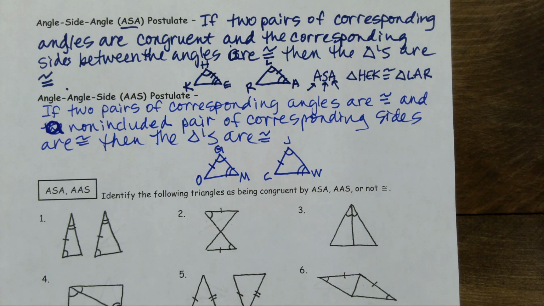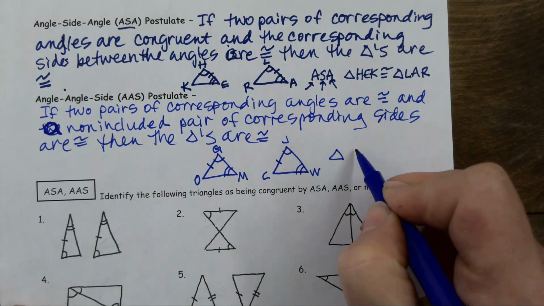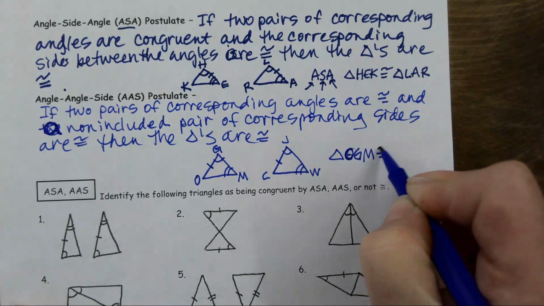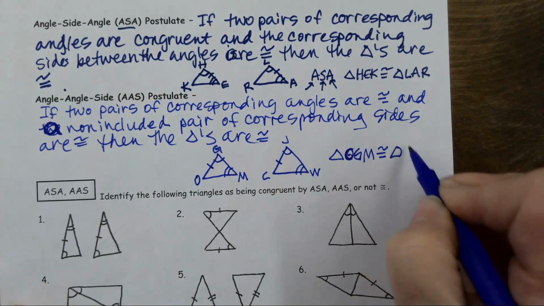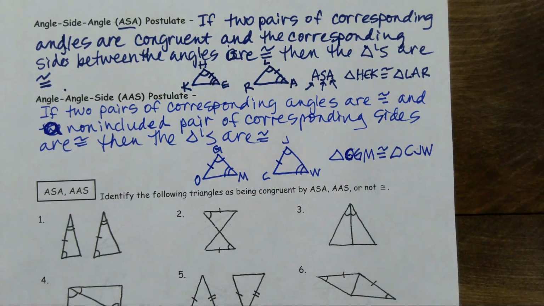This is angle, angle, side, because the side is not between the two angles, as opposed to angle, side, angle, because the side is between the two angles. So we can say triangle OGM is congruent to triangle CJW. Good?